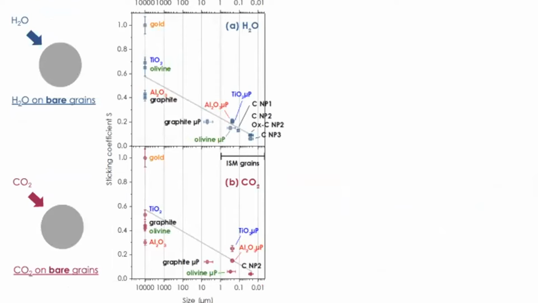So for gold, the sticking coefficient of water is equal to 1. But you can see that already on other surfaces like graphite or olivine, the sticking coefficient is below 1. For instance, for graphite, it's 0.4. This is also what has been found by other groups in the past. And when you go to smaller surfaces, you have a strong decrease of the sticking coefficient down to 0.1 for carbon nanoparticles.